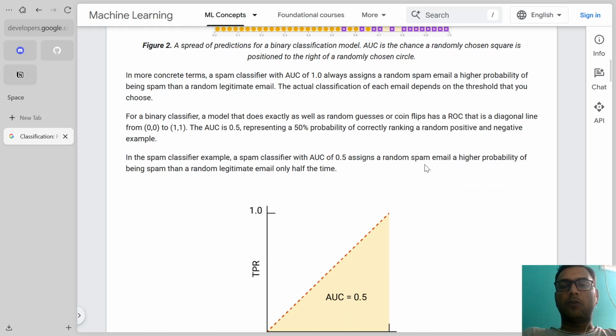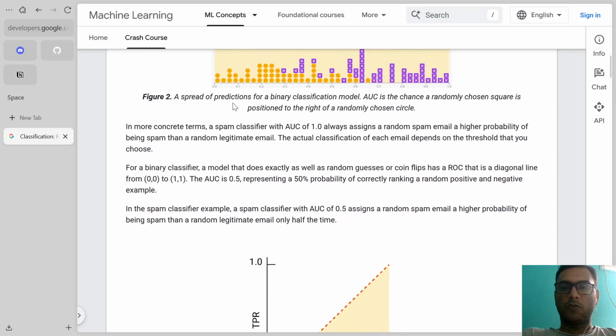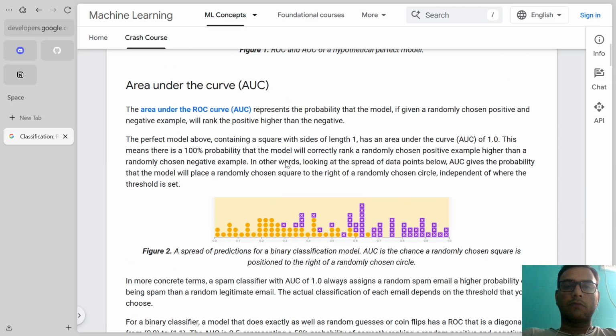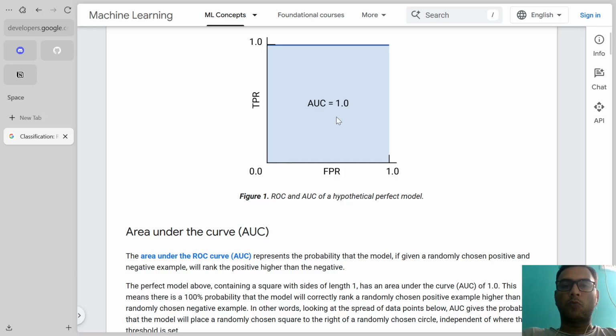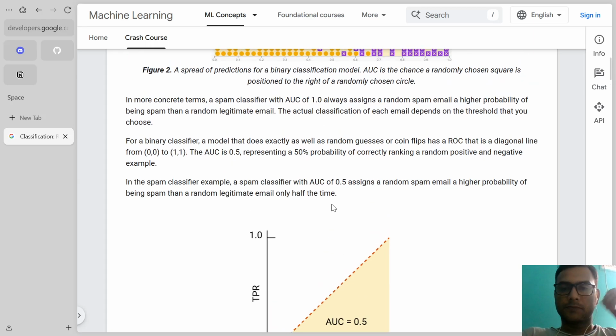Now we will take the example of the spam classifier. Here the AUC was 1, but this is a figure where AUC is 0.5. So what happens if AUC is 0.5?